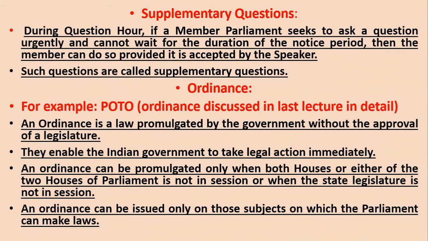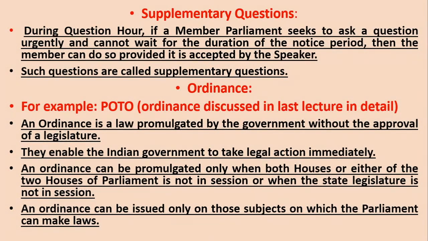They enable the Indian government to take legal action immediately. An ordinance can be promulgated only when both the houses or either of the two houses of parliament is not in session, or when the state legislature is not in session. An ordinance can be issued only on those subjects on which the parliament can make laws.